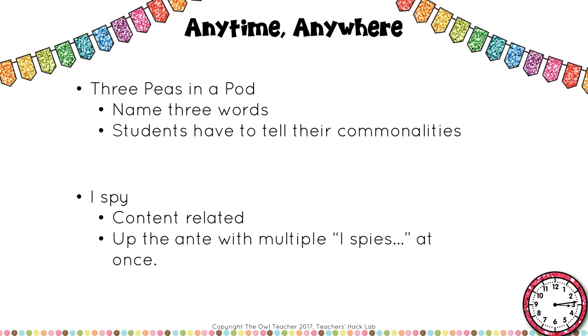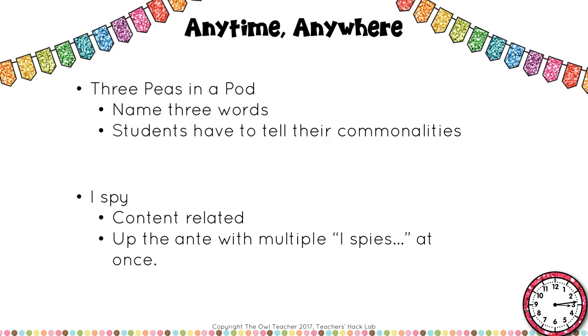You can choose whether those 3 words can be completely random, such as desk, computer, window, or you can make it concept based on skills and activities that you are learning in the classroom. So in that case, it can be something like whale, shark, jellyfish. And then students would say, well, they're all in common because they're all ocean animals. So that is completely at your discretion.